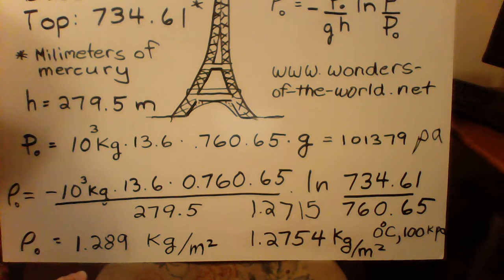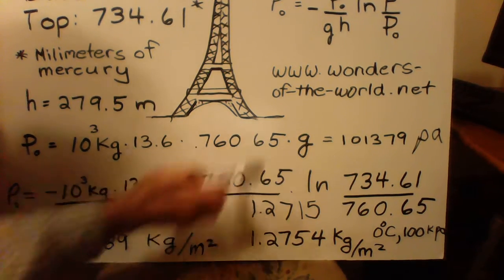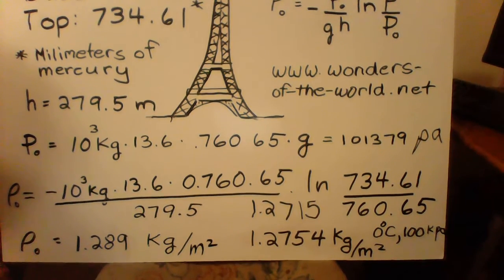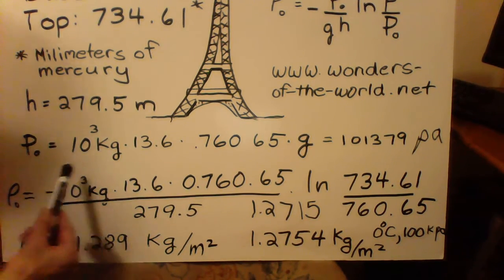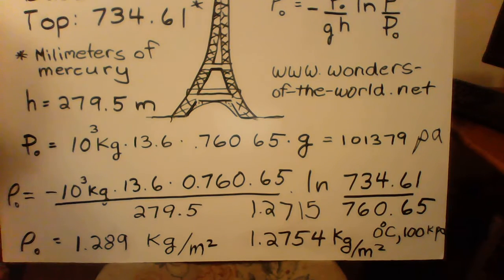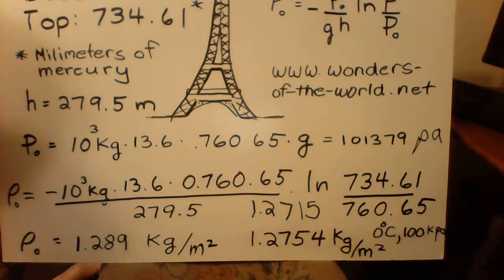And then we have to remember that the column of mercury was not really a meter, but it was 0.76065 meters. If we multiply, this will give us the mass in a kind of, it won't be a cube anymore. It'll be a little bit short of a cube.